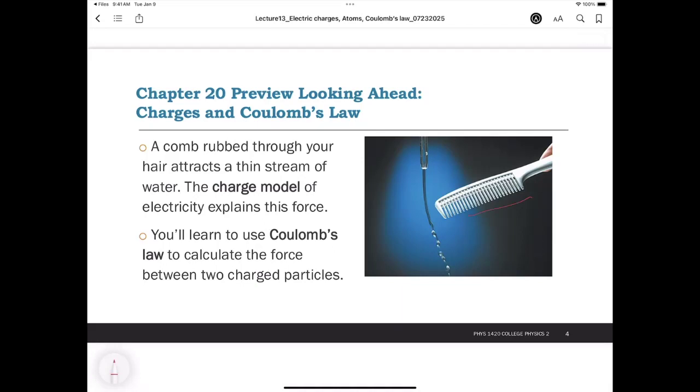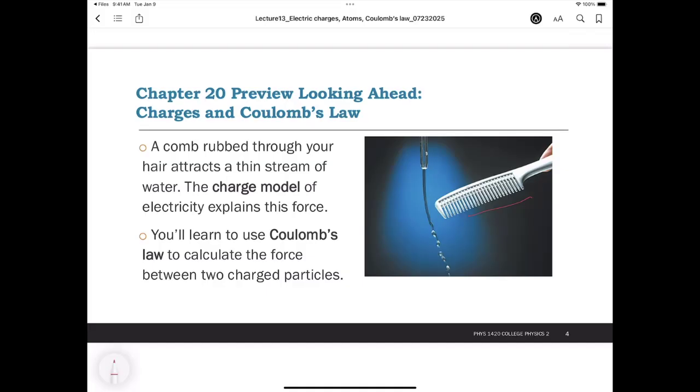The charge model of electricity explains this force. Especially in the winter, if you rub your hair hard, you will see your hair flying. This is a similar thing, and you can explain it using the charge model. We will explain it later.